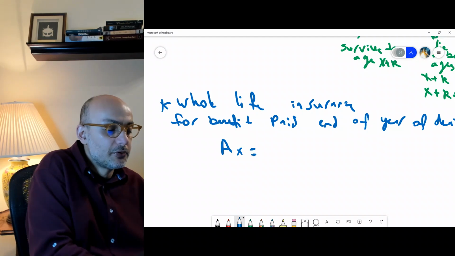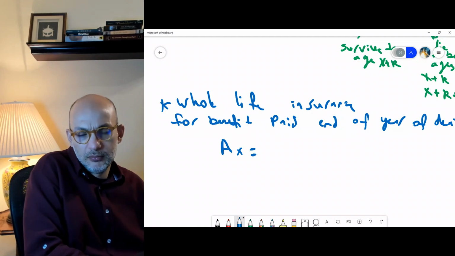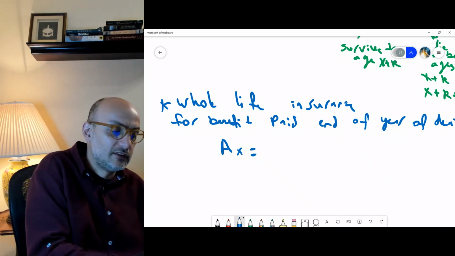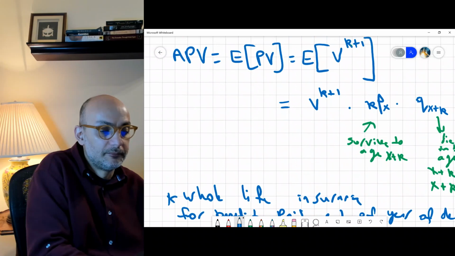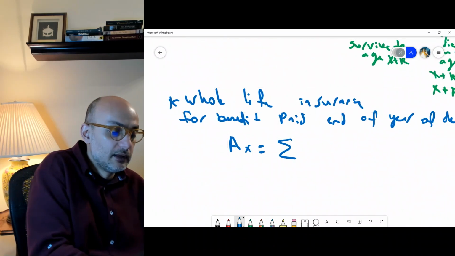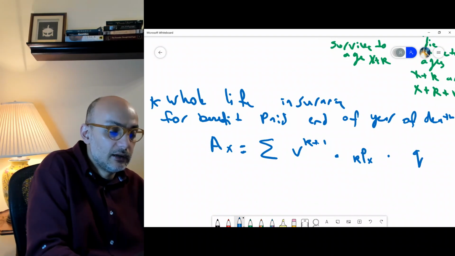And the other point, if you remember what we did in the continuous case, we take the integration. In the discrete case, we sum exactly this term, each one: V^(K+1) multiplied by the probability for a life age X to survive to age K and then die in the next year.